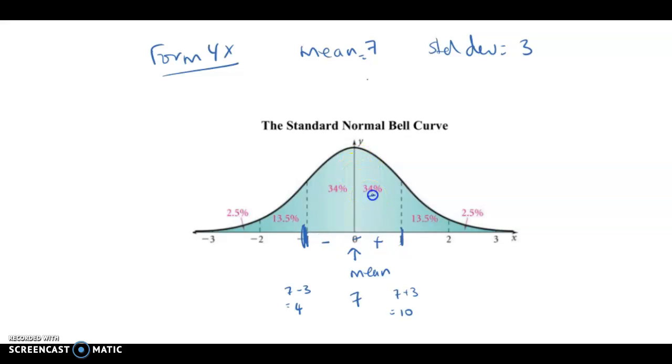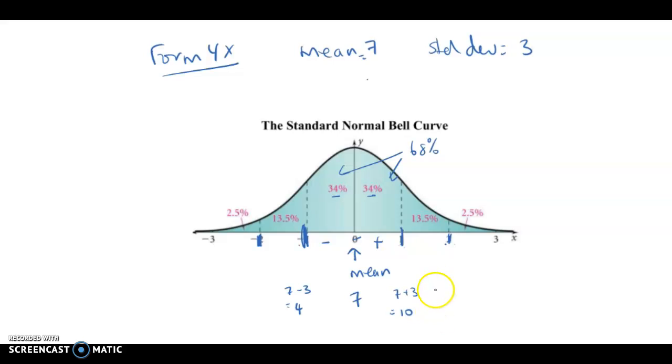Now this also represents 34%. This side here is 34% of the entire value, and this other side is 34%. So again, the total of these two will be 68%, and the area under the curve will actually be that amount. Now, the next thing I want to go on to is the next section here. This is actually 2 standard deviations away. So this is 1 more standard deviation away this way, and this one here is another one away this way.